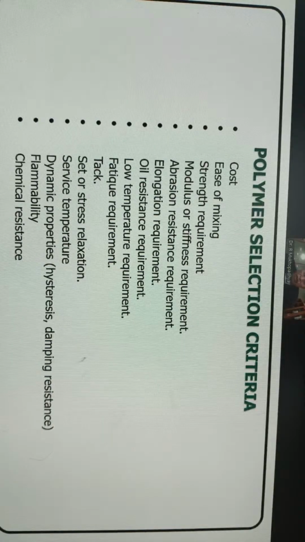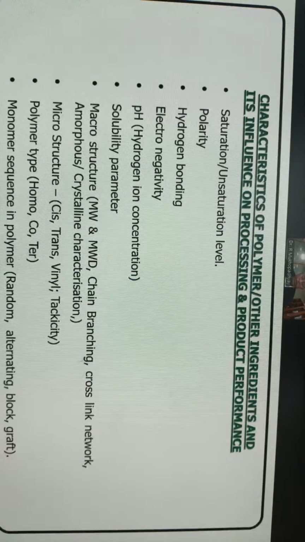Then comes ease of mixing, and what physical properties are required. Then you require all the properties mentioned: tack, processing, service temperature, dynamic properties, permeability. So the polymer selection criteria depend on these. I will cover how to select the polymer in a subsequent slide.